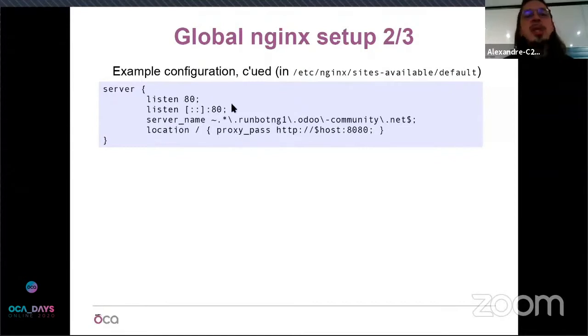Then we need to reverse proxy the builds. So on the server listening on port 80, if the server name matches something.runbotng1.odoocommunity.net, then this is passed to the same server on which the user tried to connect, port 8080, and that's forwarded to the Nginx started by Odoo.